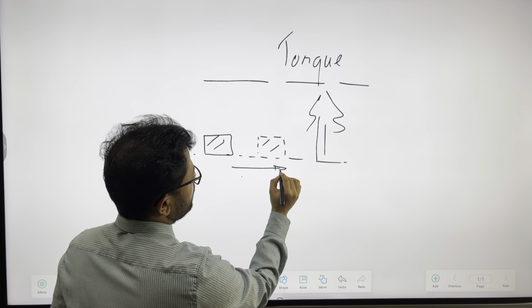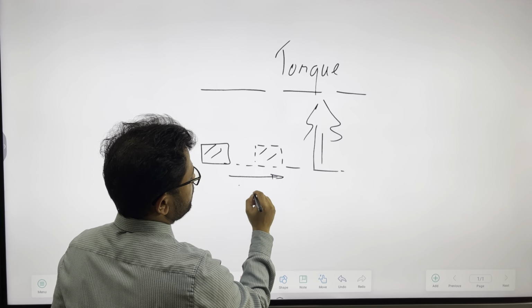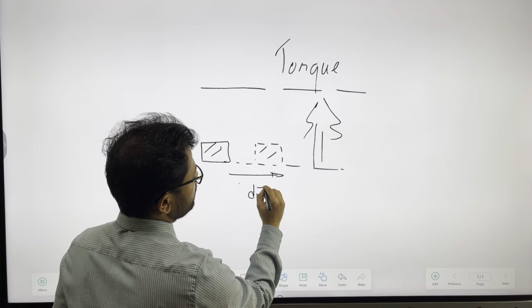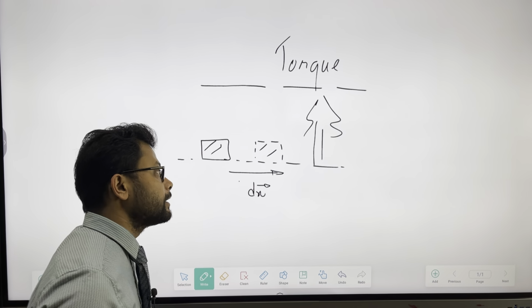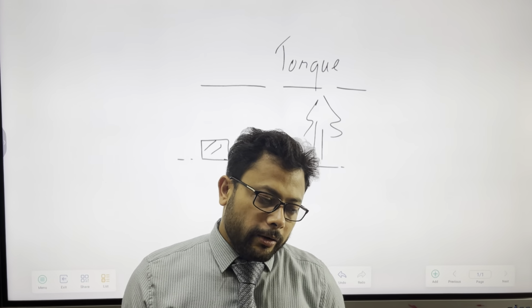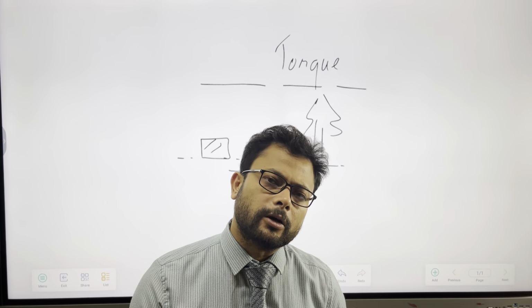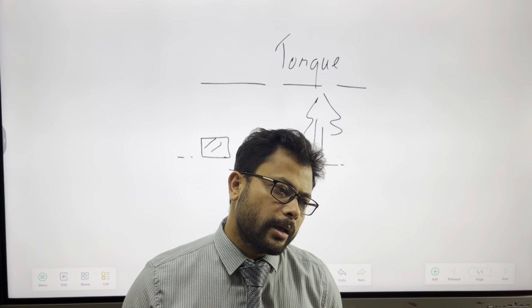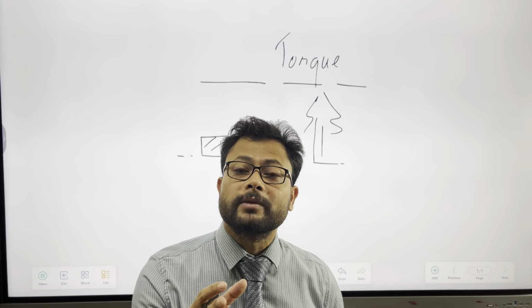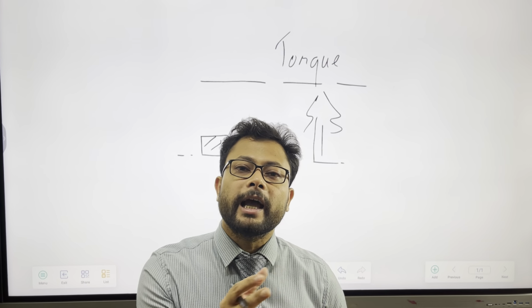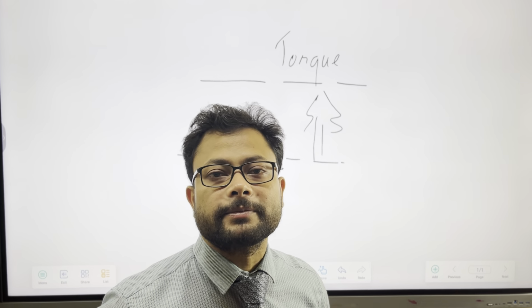That means this is the amount of displacement that has happened with this object. Now here comes a question. In your day-to-day life, you might have observed that whenever we have to set something in motion, we have to supply it with energy.